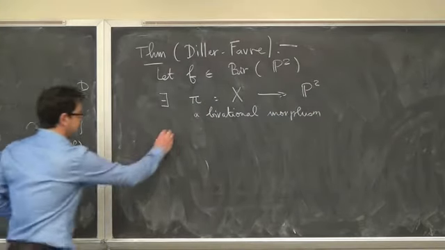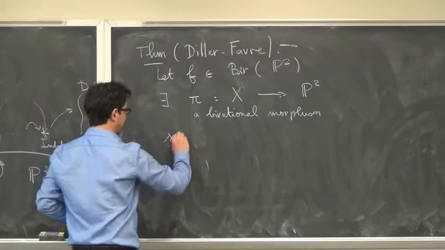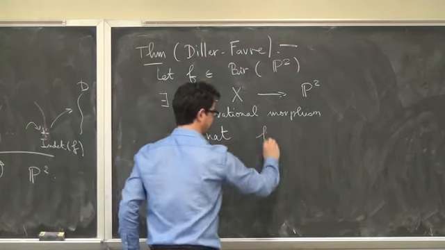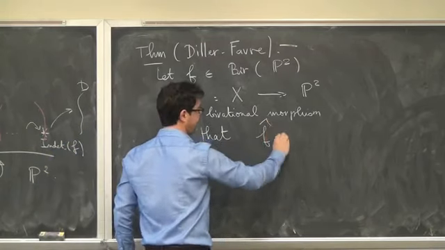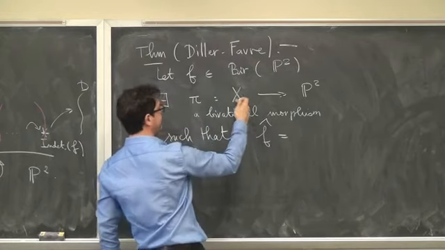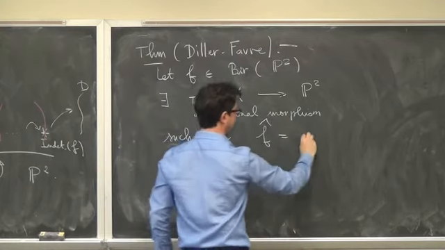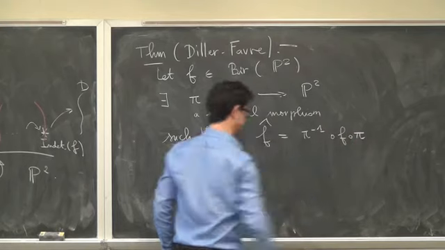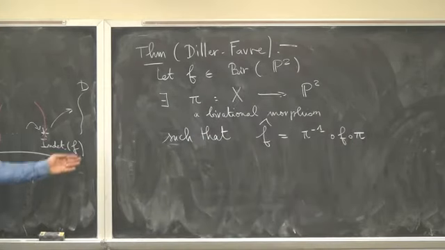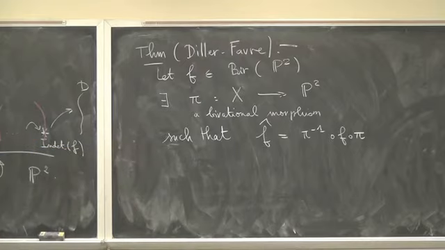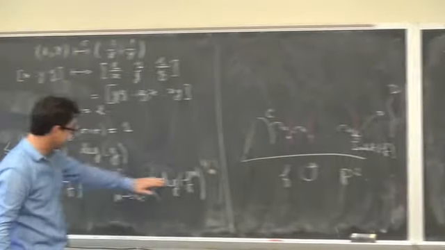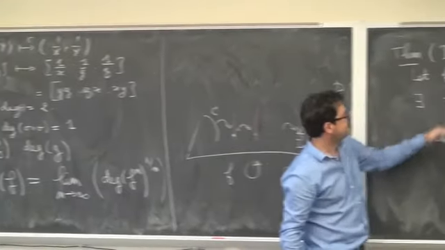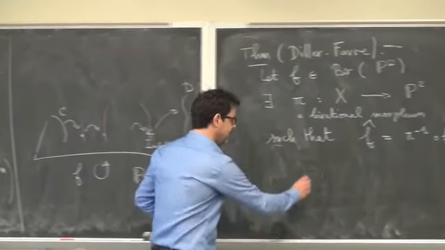And there exists F hat, which is just a conjugate of F on X by phi, such that you keep this phenomenon. Now the degree is multiplicative, except that the notion of degree has changed, and the notion is the following.